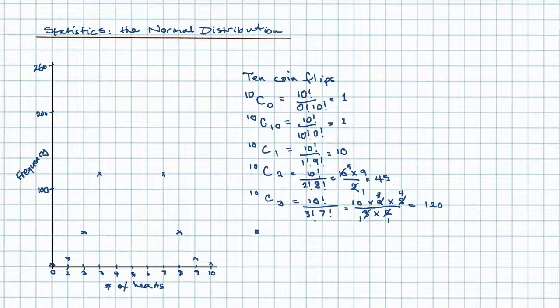What about 4 heads? And of course 6 heads. So now we've got 10 factorial divided by 4 factorial, and then 10 minus 4, so 6 factorial. So we've got 10 times, now we need to be a bit clever here, 10 times 9 times 8 times 7 times 6 factorial, so that cancels the 6 factorial, divided by the 4 factorial.